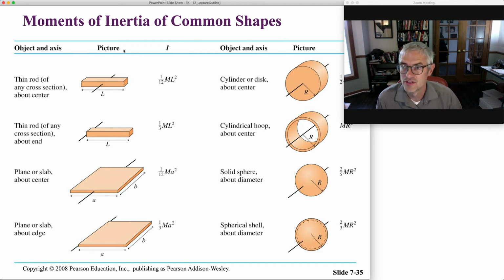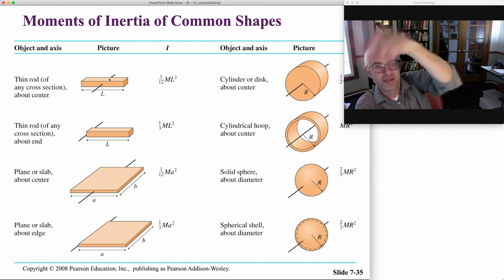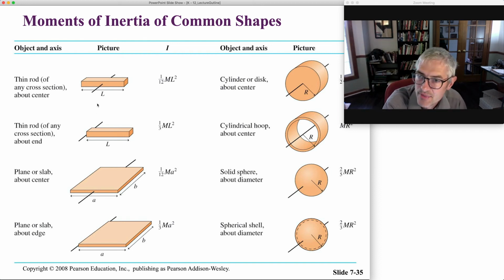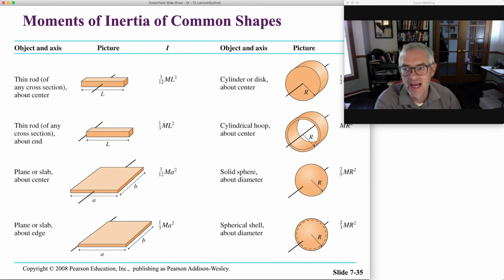Okay. So here we have a couple of examples. This is a thin rod, any cross section, about its center. So you're talking about some sort of rod, and this black line right here is what it's rotating around. So it's spinning in those different directions. And then notice here's a thin rod, but rather than going about its center, it's off to the side. So in this case, you could actually solve for this using the parallel axis theorem.